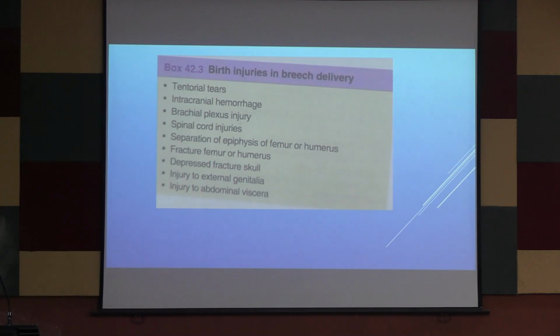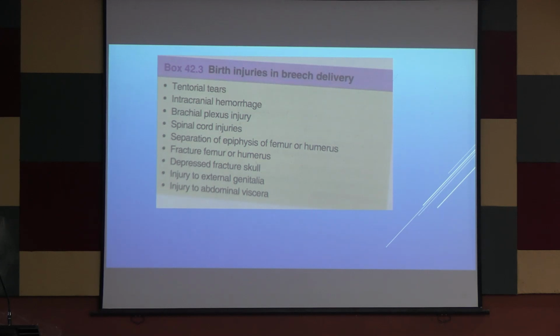In head, there may be tentorial tears. Why tentorial tears? Head during cephalic delivery takes time for compression. But in case of breech presentation, there is quick compression and quick relaxation after delivery.